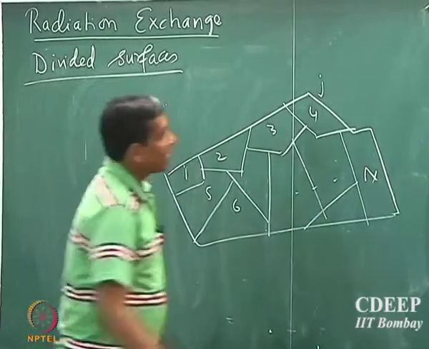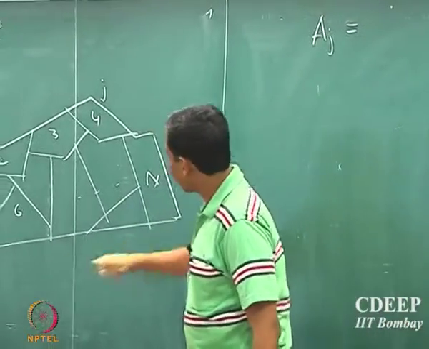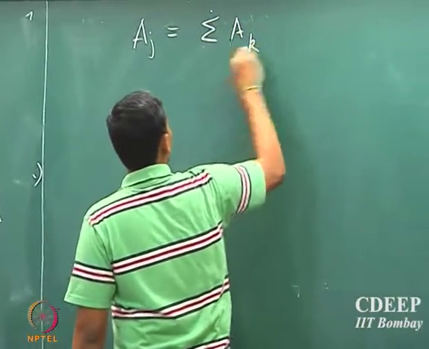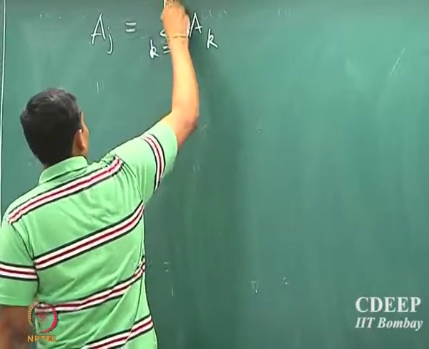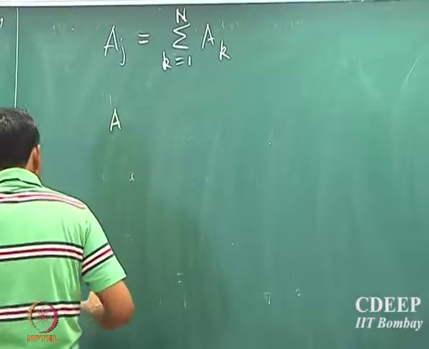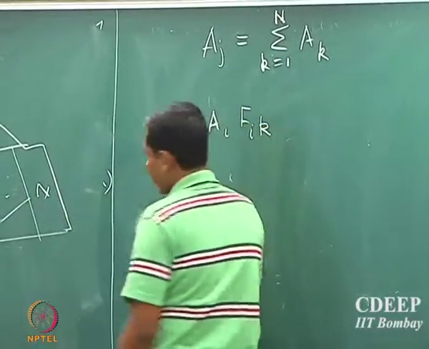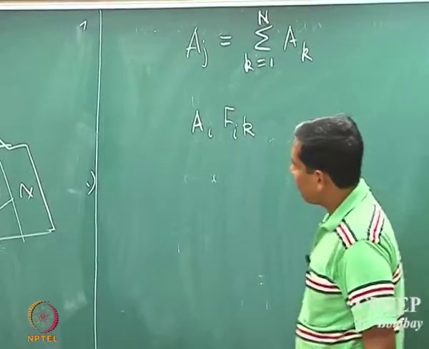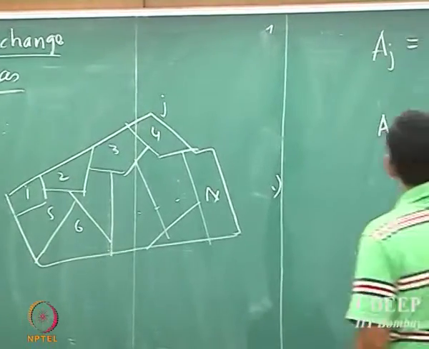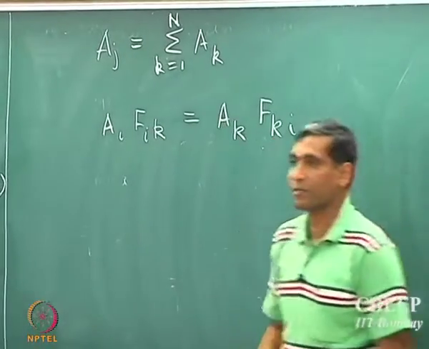Now, by definition, the overall surface of surface J is nothing but the sum over all k going from 1 to n. That's obvious. Now, Ai Fik: I want to calculate the view factor between I and any other surface k. And that's also equal to Ak Fki by the reciprocity relationship, right?